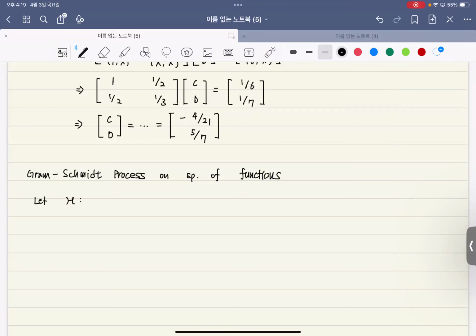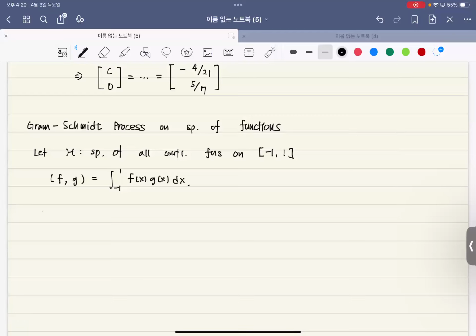Again, I changed my mind. Sorry. This is the space of all continuous functions on -1 to 1, and the inner product is, as always, the integral of f times g from -1 to 1.